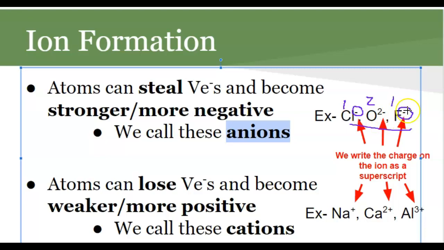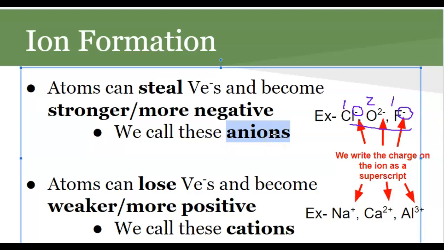Or it could be a +1 too, as we'll see in a minute. Otherwise, you'll see a designation of a different number. Since elements can have anywhere from 0 to 8 in their outer shell, they can gain a certain number. If we gain electrons and become more negative, we're anions. I always think of an as anti, or against, or negative.